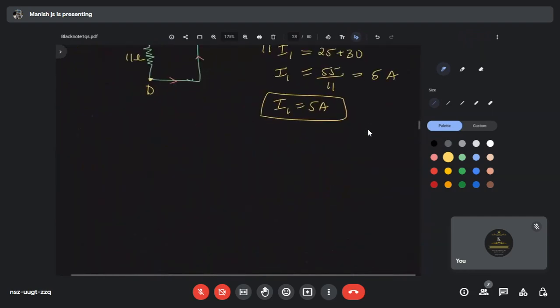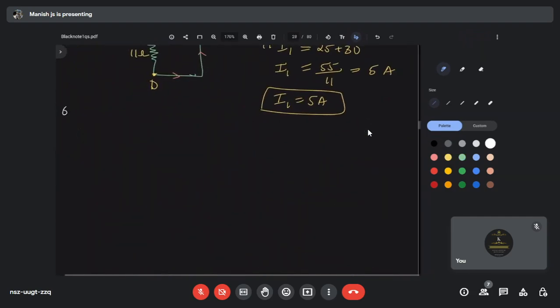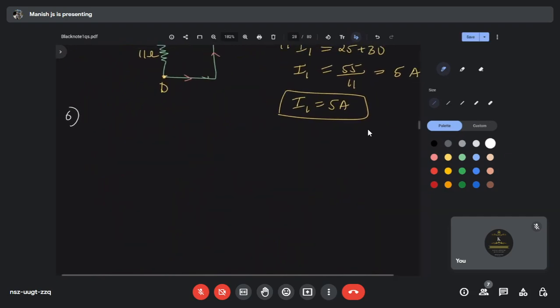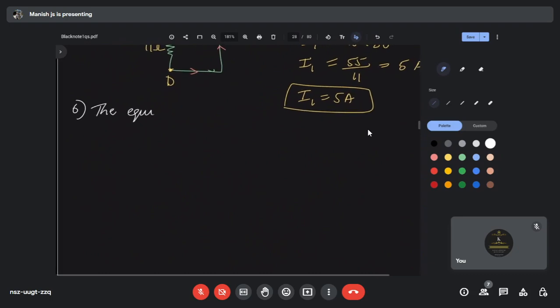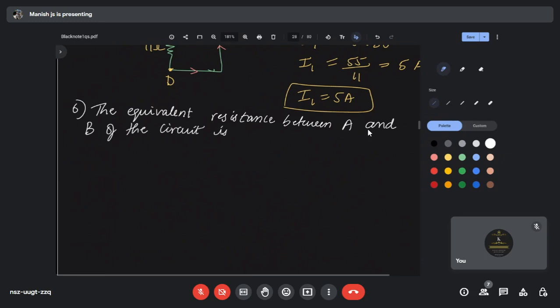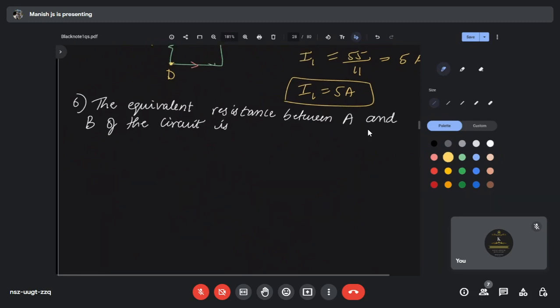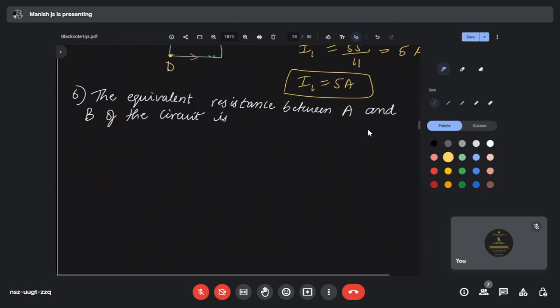So question number 6. Yeah, here we go. The equivalent resistance between A and B. So the equivalent resistance between A and B of the circuit is... excuse me.